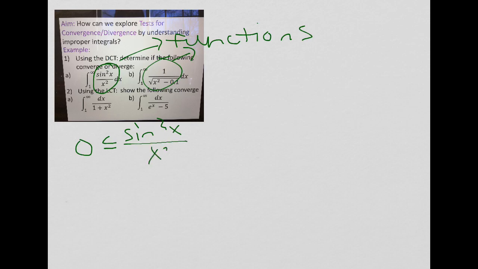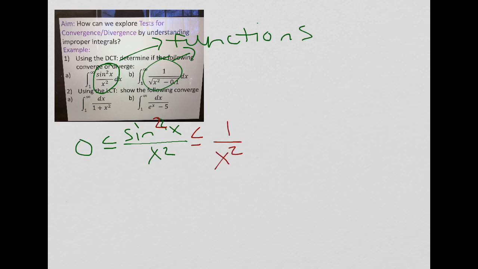Okay, our integrands are our functions. We're going to compare it between 0, which is our x-axis. Sorry, that turned out a little sloppy. That's a 2 here. And 1 over x squared.